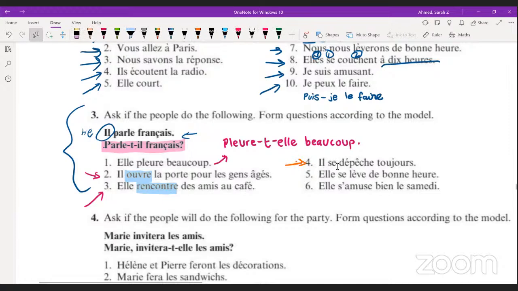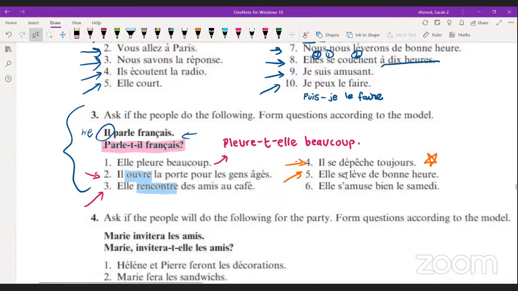Il se dépêchait toujours. Mashallah, perfect, Mahmoud. That's excellent. Okay, let's do number 5 now.